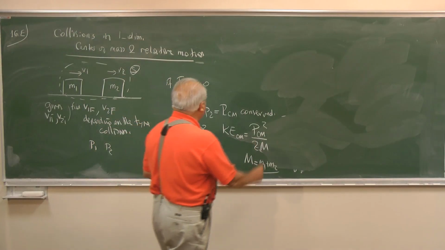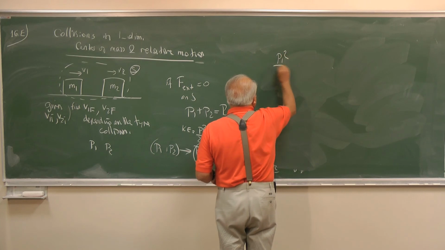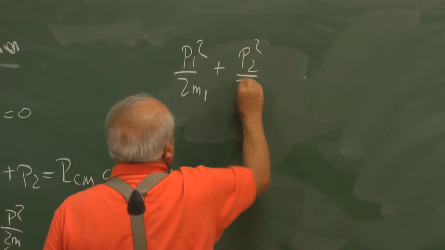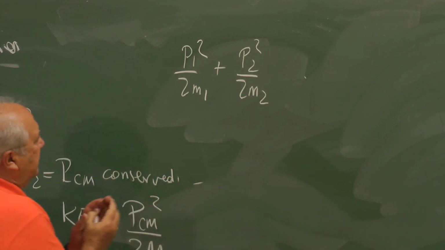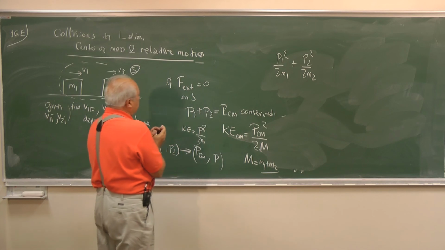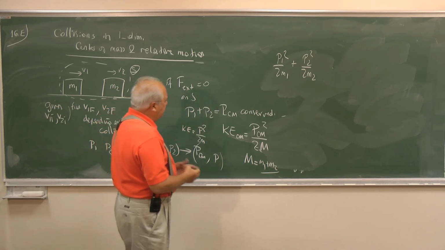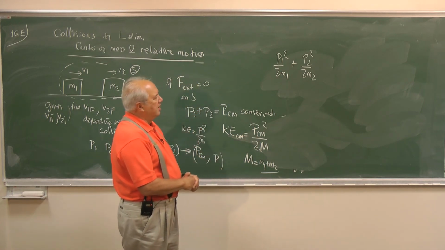One way is this. Let's look at the energy. P1 square over 2m1 plus P2 square over 2m2. This is the total kinetic energy of the particles. And let's subtract from this the kinetic energy of the center of mass motion.